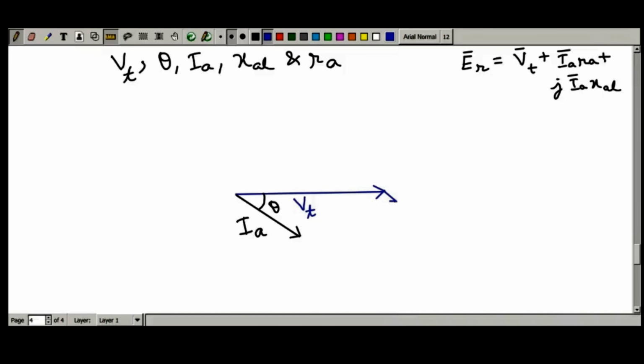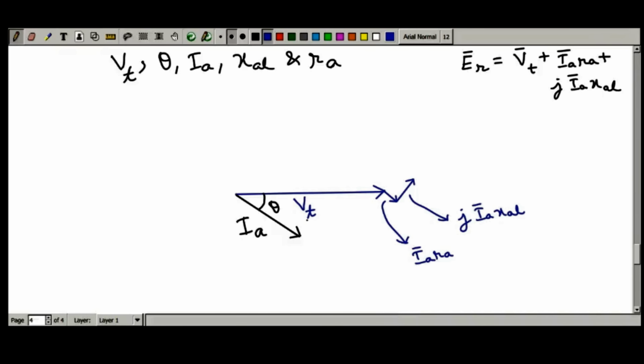Now this time I will be careful. I will not exaggerate the armature leakage reactance drop, which I have exaggerated earlier. And to this we will add the armature leakage reactance drop, this one. So let me write it over. This thing is your armature leakage reactance drop, Ia Xal, and this thing is your armature resistive drop, that is Ia Ra.